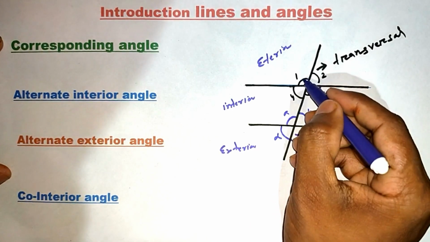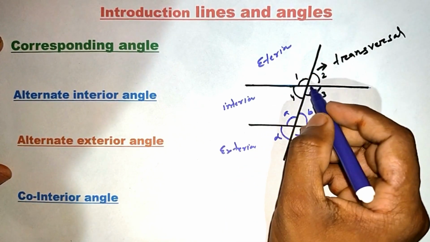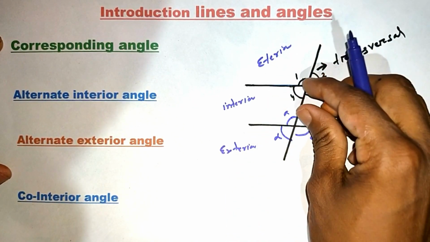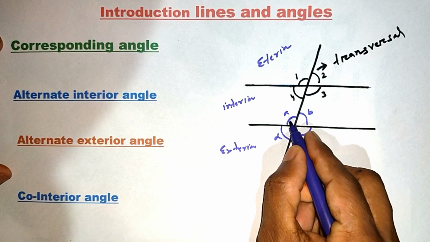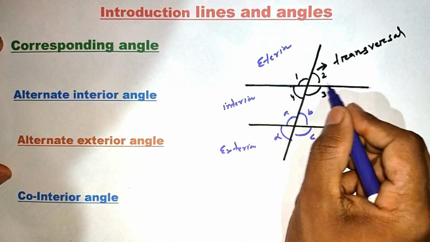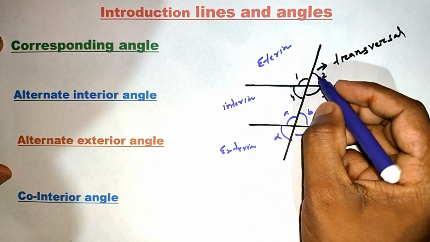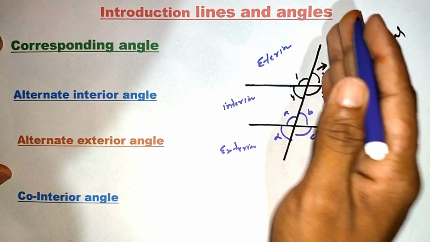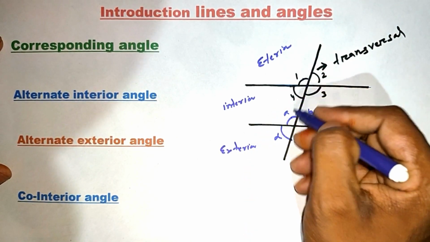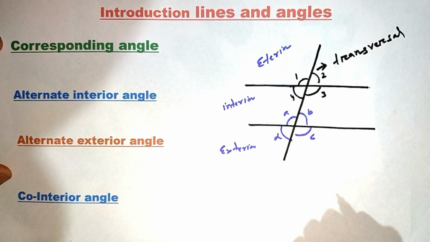So 1 and A, these two angles are on the same side and in the same position. That is, this angle is on the top of this line and this also is on the top of this line. The angles which are on the same side and also at the same position, that means top and top, are called corresponding angles.